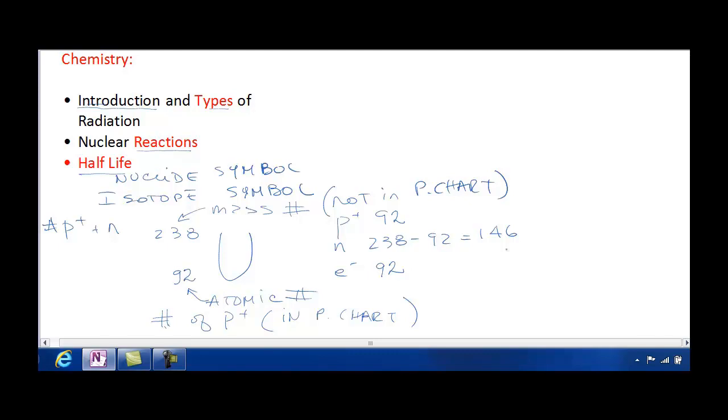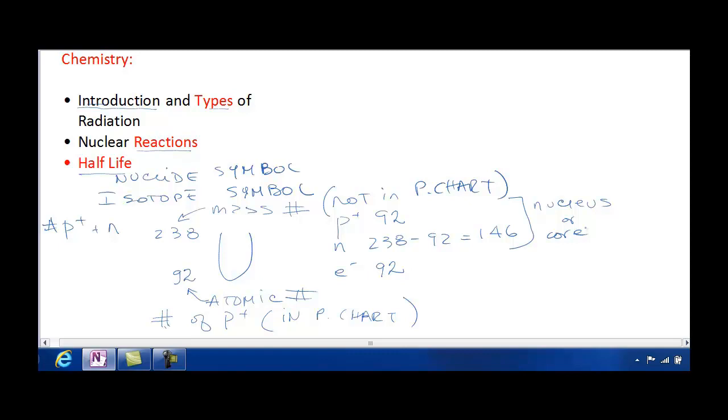Okay, so today's lecture is going to refer to certain elements, hot elements, radioactive elements. And in these elements, the nucleus. And in the nucleus, what do we have in the nucleus? The protons and the neutrons. Are the electrons in the nucleus?